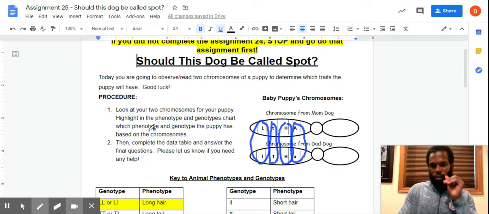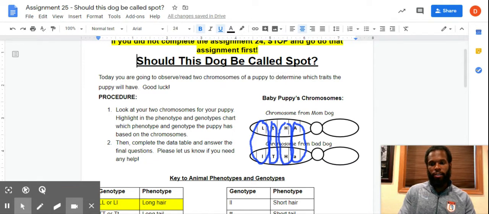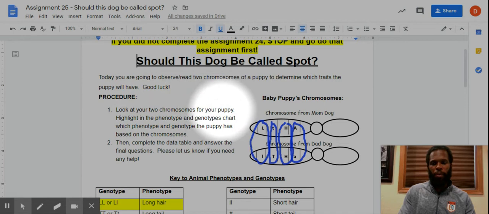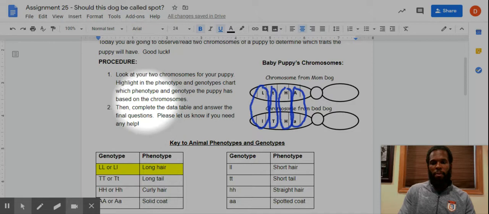All right. So procedure, step one, look at your two chromosomes for your puppy. Highlight the phenotypes and genotype chart. Which phenotype and genotype the puppy has based off of chromosomes. Remember, phenotype is physically what it looks like.